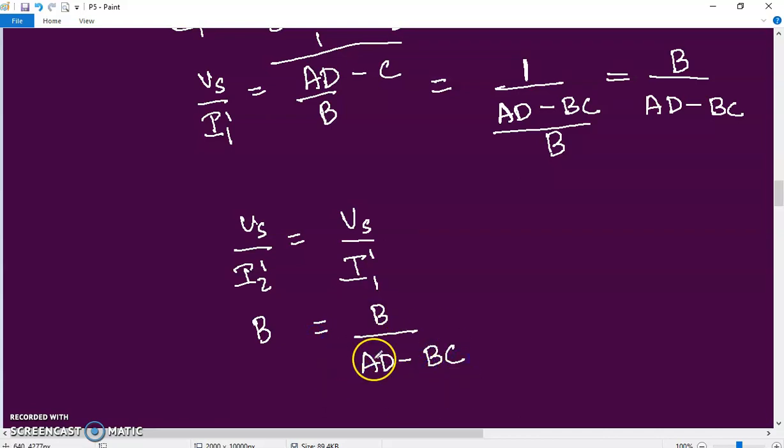For this to happen, we should say that AD minus BC is equal to 1. If this happens, both cases will be equal. So the condition for reciprocity is AD minus BC is equal to 1. Thank you.